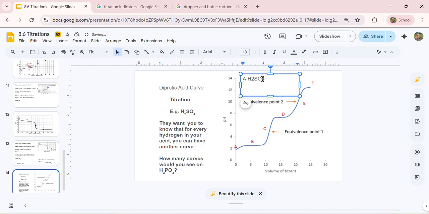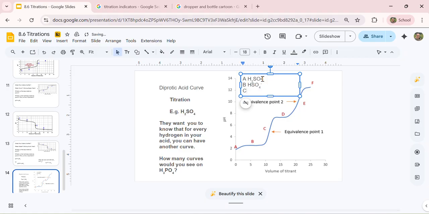Once we get to point B, we start to make a whole lot of the conjugate base, which is HSO4 1 minus. Let me play around with this so that you guys can see better what's going on. That's our conjugate base, and we start making it, and then it becomes the acid in the next curve under C.